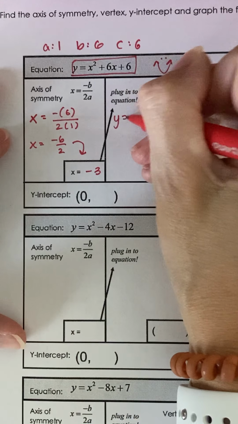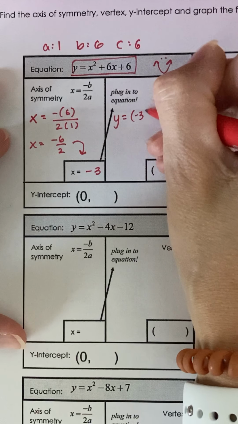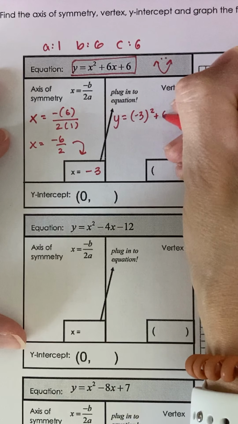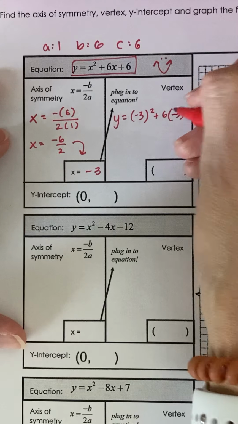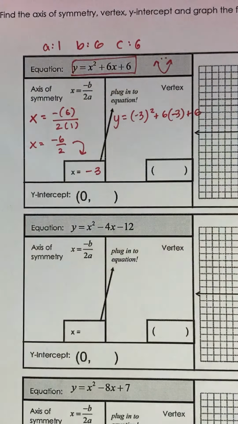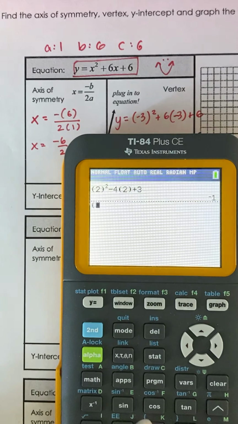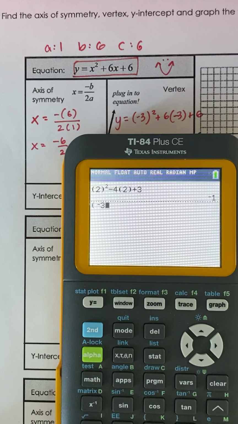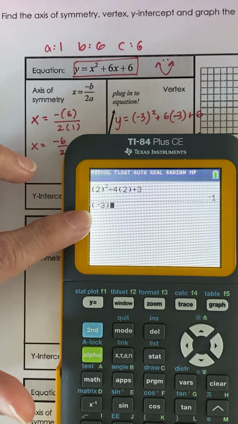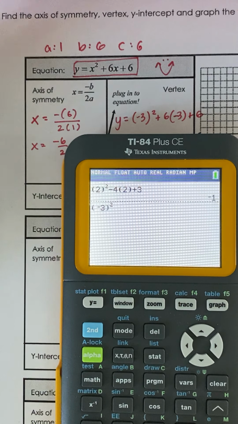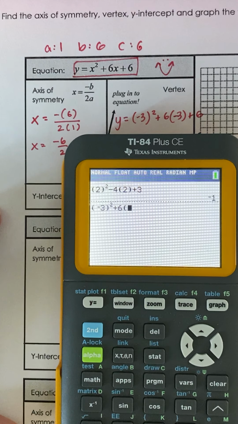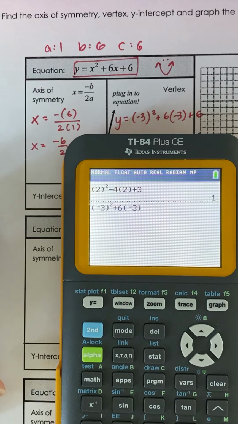Then you plug into the equation. So y equals negative 3 squared plus 6 times negative 3 plus 6. Again, if you want, go to your calculator. This is where it's hugely important that you put in parentheses because that is a negative. So negative 3 squared plus 6 times negative 3 plus 6, and you should get negative 3.